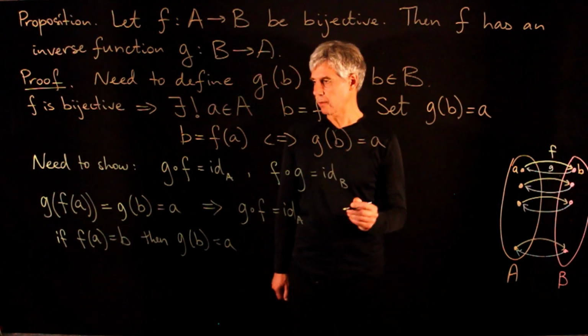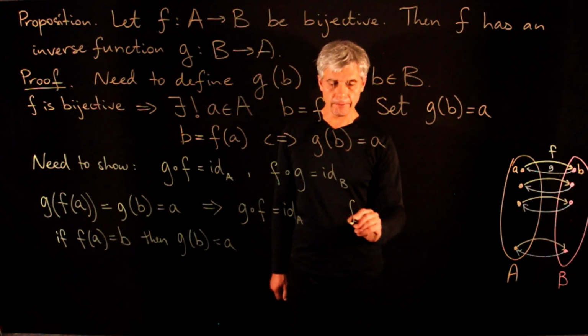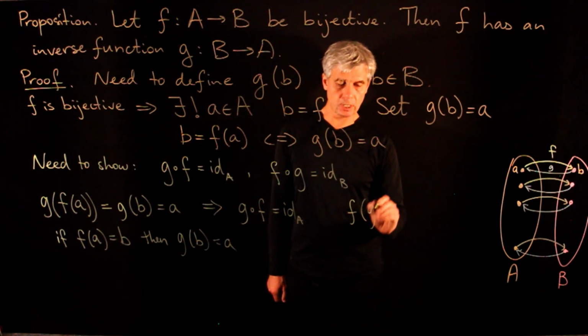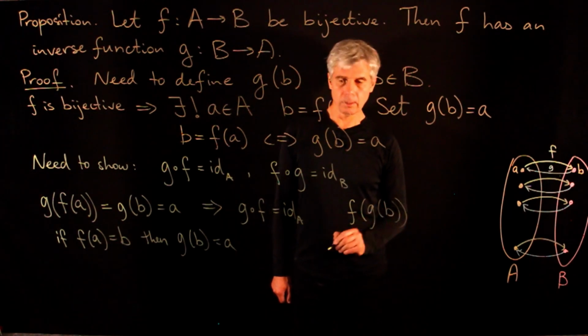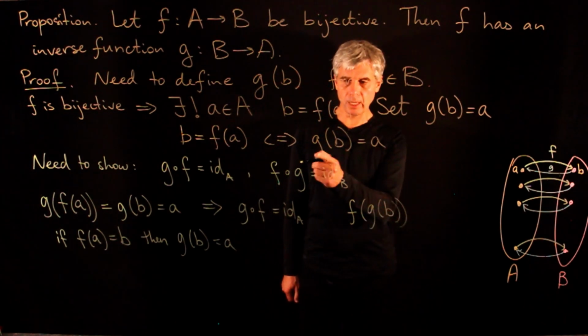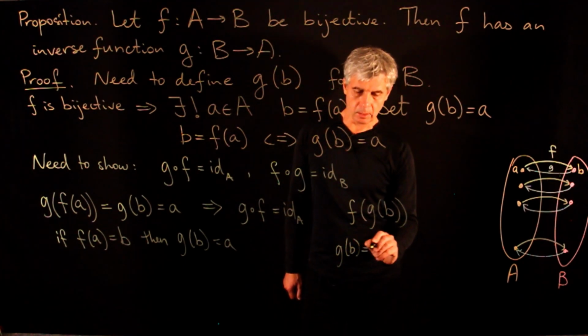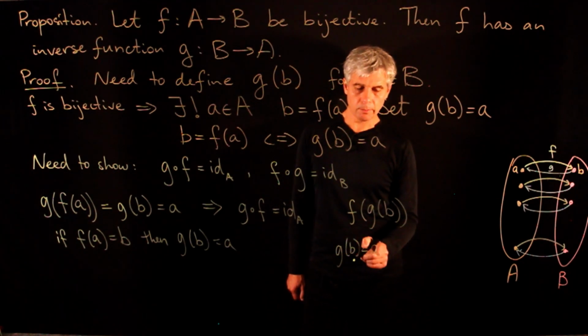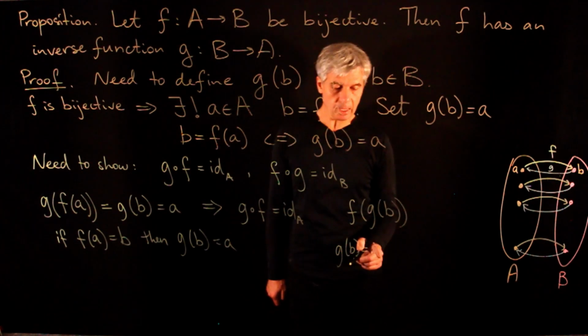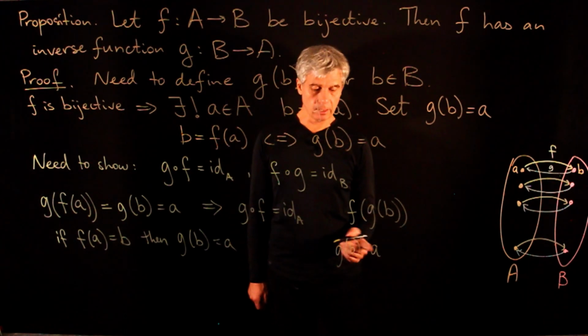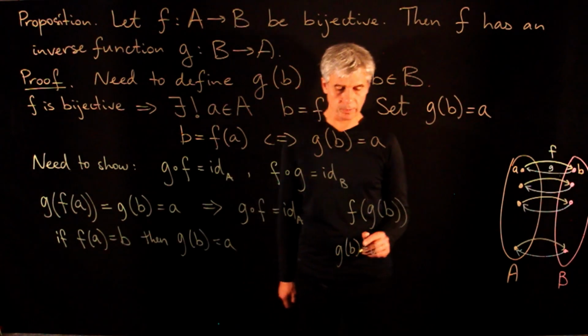Similarly, if we consider f of g of b, then we know that if g of b is equal to a, this means that a was a preimage of b under f, by definition of g.